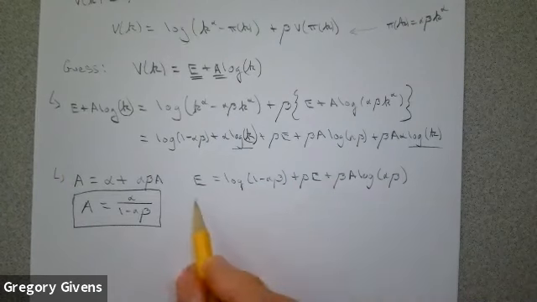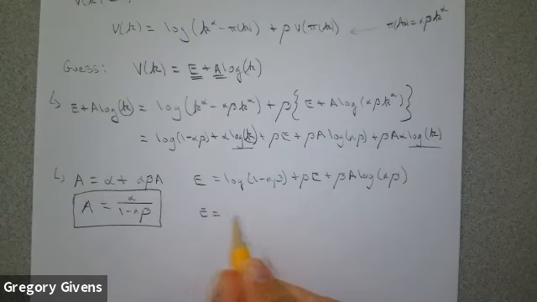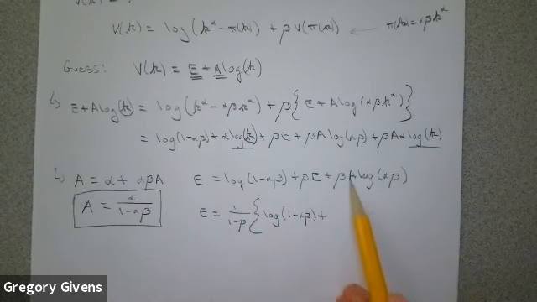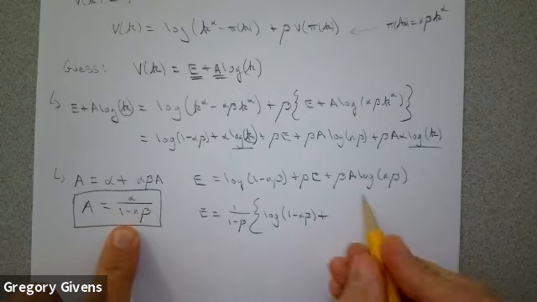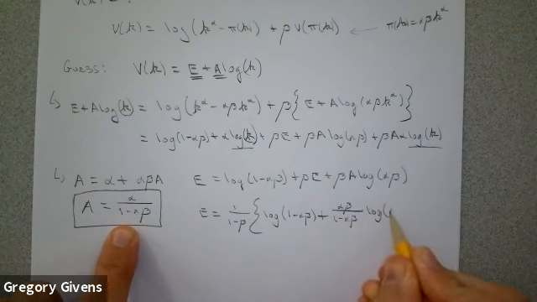We'll swing the beta E to the left-hand side and then divide by 1 minus beta, and you get that E is equal to 1 over 1 minus beta times the quantity log of 1 minus alpha beta plus beta A times the log of alpha beta. Well, A is alpha over 1 minus alpha beta. So this would be alpha beta over 1 minus alpha beta times the log of alpha beta.